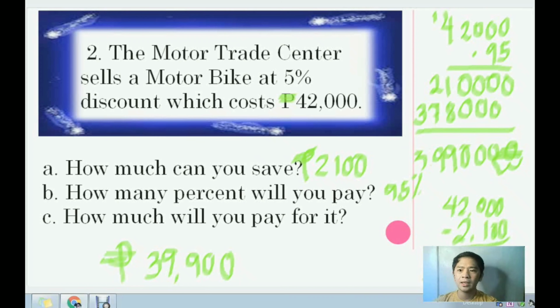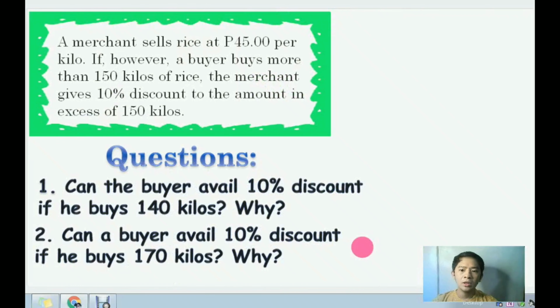Okay? So, tuloy natin. Dito, medyo mahaba na yung problem, no? May iba't ibang cases na. So, it's good na na-prepare ko kayo kanina. A merchant sells rice at 45 pesos per kilo.